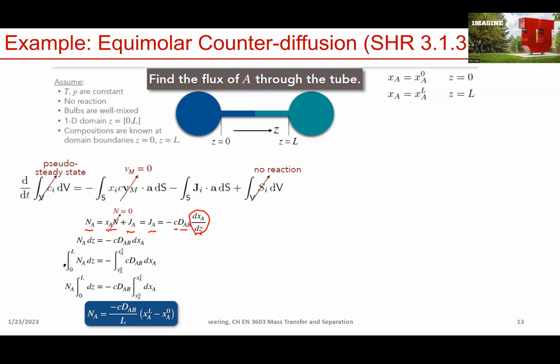If you want to solve it analytically, then typically this ordinary differential equation needs to be simple enough so that you can separate the variables, because we have dxa and dz, these are two variables. We need to be able to separate them in order to do the integral. If we cannot do that, then you can only solve it numerically. If you want to solve it numerically, then you should ask yourself, do I have the boundary condition? Okay. Now let's try if we can solve it analytically first.